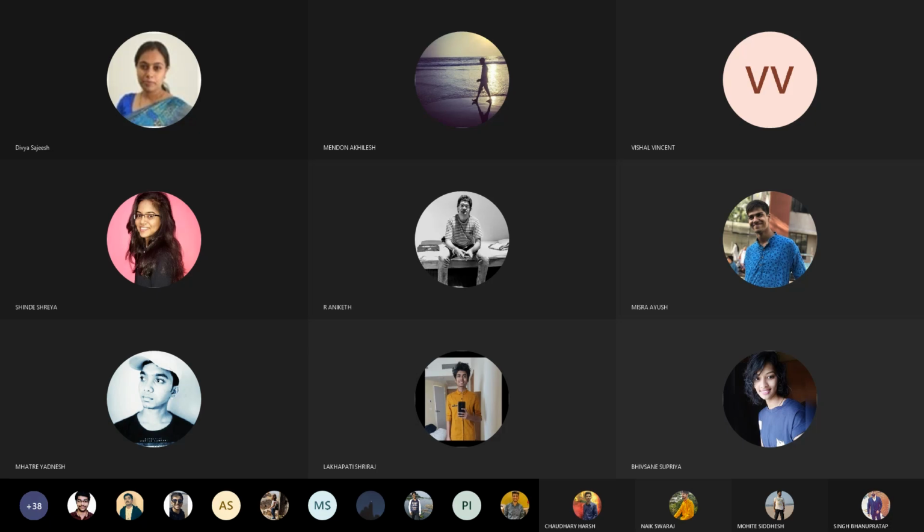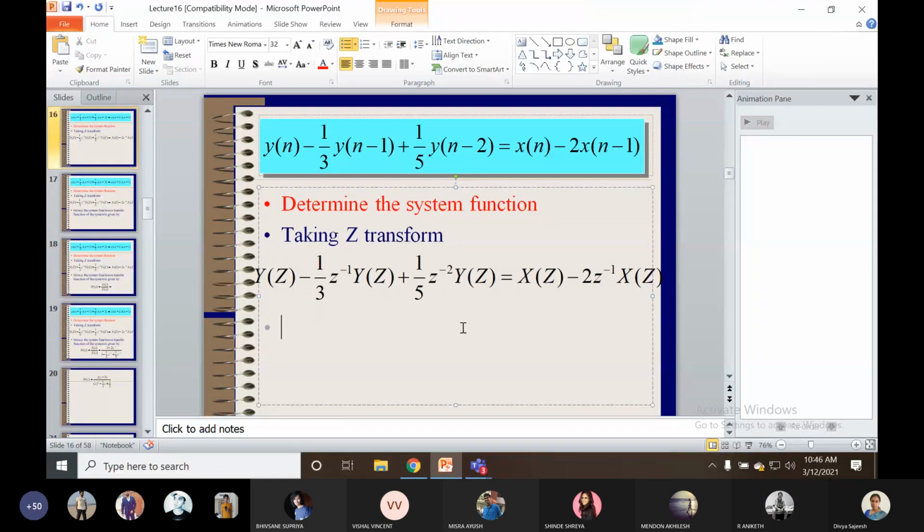You have to obtain the system function or transfer function from the given equation. What is the equation for transfer function? That is my question. Yadnesh, can you tell what is the equation for the transfer function? The question is to determine the system function or transfer function.